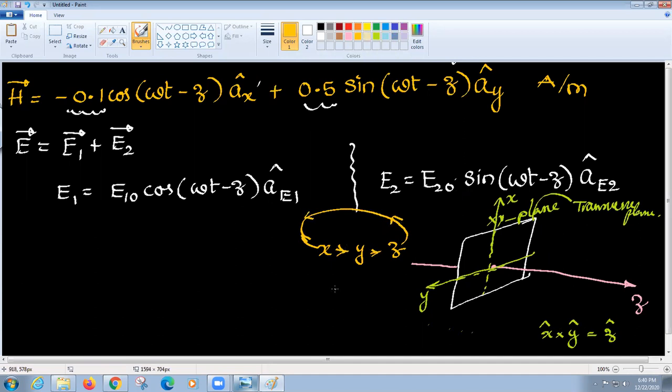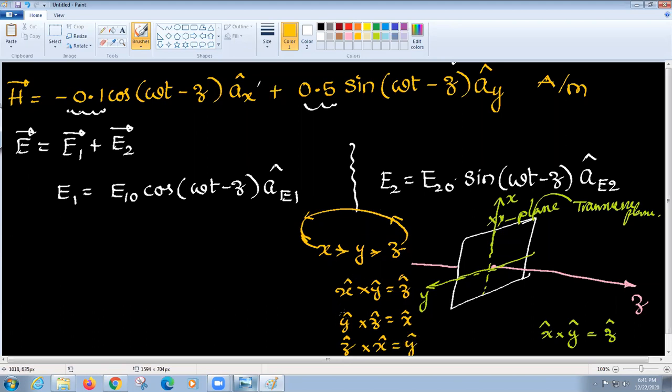So I know X cross Y is equal to positive Z. Now see, next to Z you have X, so therefore I can take Y cross Z equal to positive X. And again, after Z you go all the way around and you meet X, so therefore Z cross X is equal to positive Y.